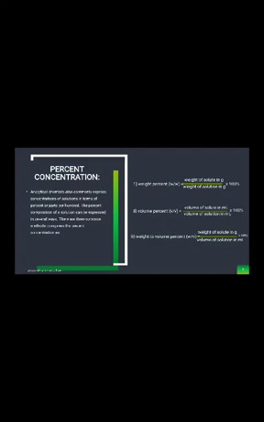Volume percent, V upon V: the ratio of volume of solute in milliliter to the volume of the solution in milliliter into 100. Weight to volume percent, W upon V: weight of the solute in gram divided by volume of the solution in ml into 100.